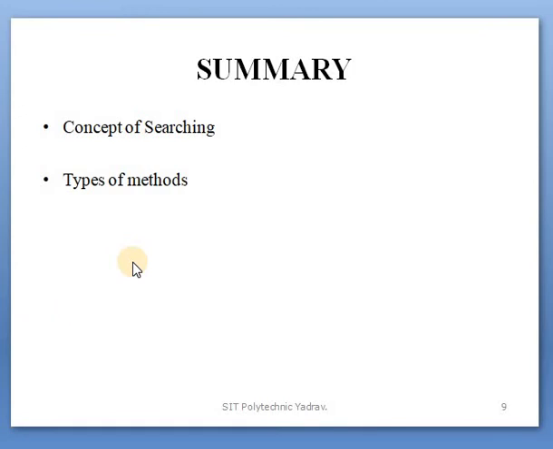The summary of today's lecture is that we saw the concept of searching, meaning what searching techniques are, or the definition of searching. Searching means finding a number. Where do we find it?